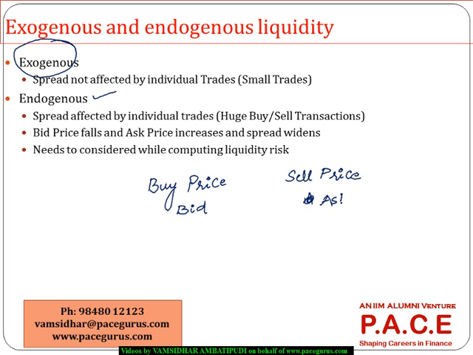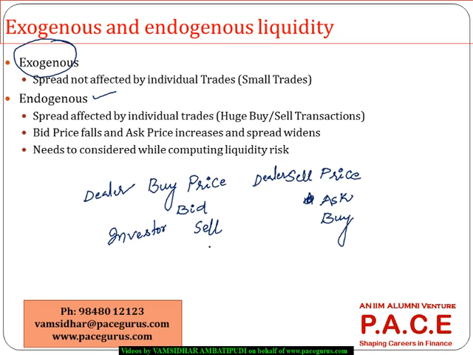The bid is the price at which the dealer buys. Dealer buy price and dealer sell price are called bid and ask prices. So from the investor's perspective, the bid is the sell price and the ask is the buy price.